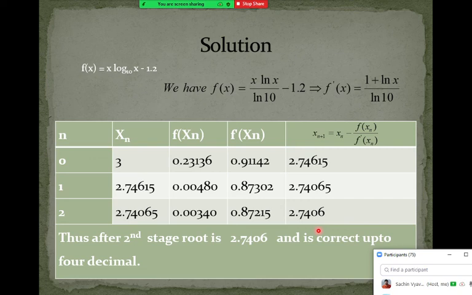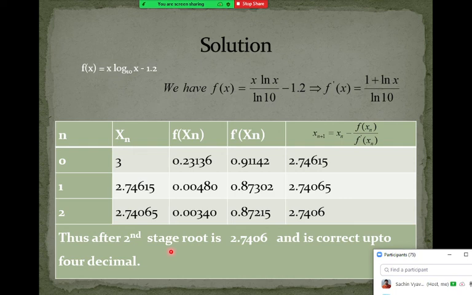You will observe in the bisection or regula falsi method, the root is converging by 1 decimal at a time. But here you will observe at the first step only, 2 decimals go directly correct, and then 4 decimals. So the convergence rate of the Newton-Raphson method is faster.